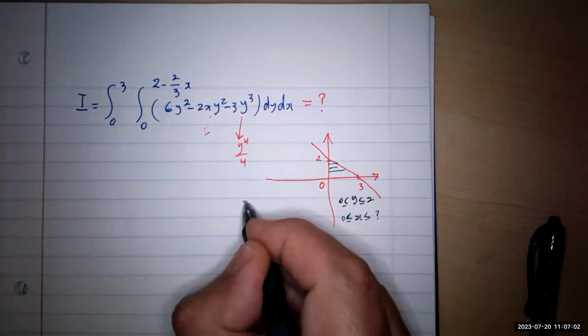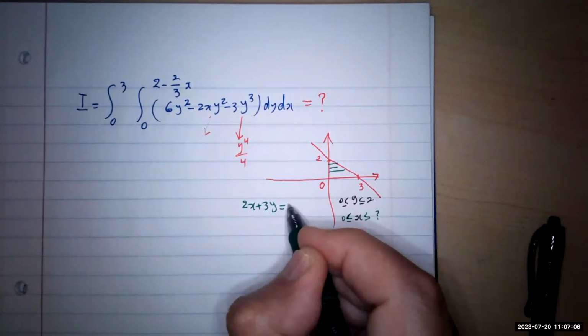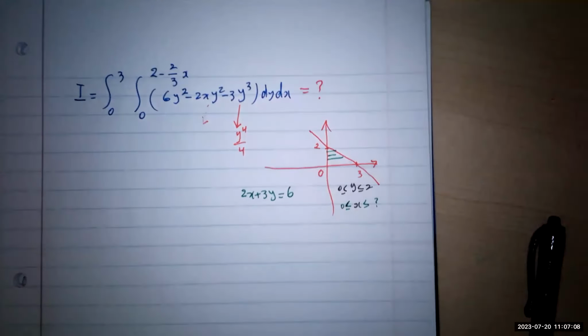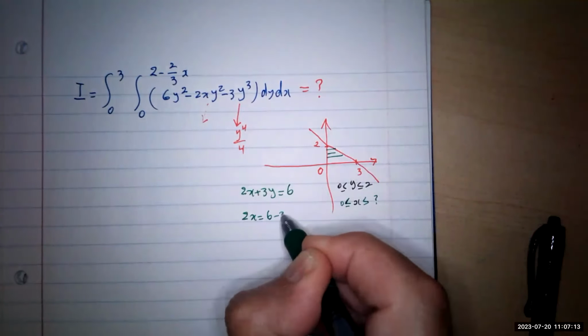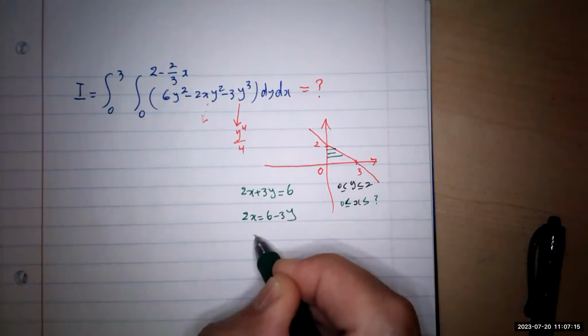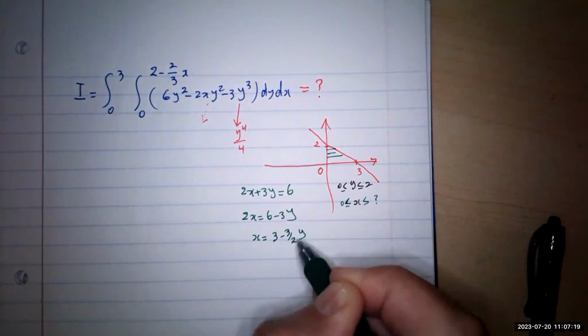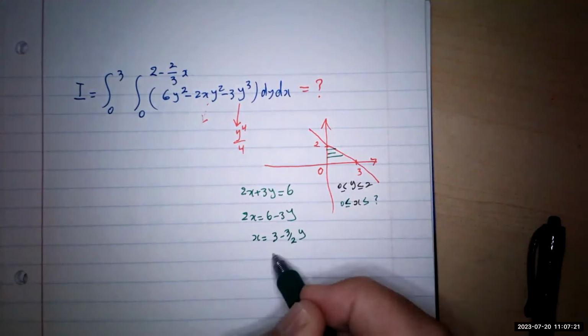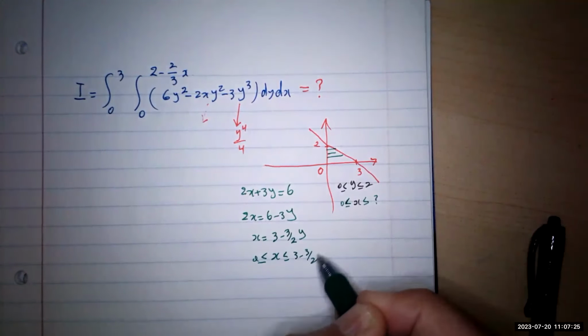The equation was 2x plus 3y equal to 6. Now we can solve it for x if you like. 2x equal to 6 minus 3y. And if you divide it, that gives you 3 minus 3 half of y, which is much easier to handle. This is a choice.